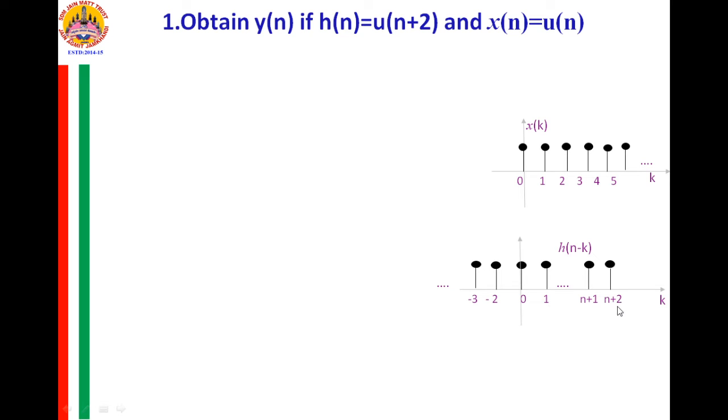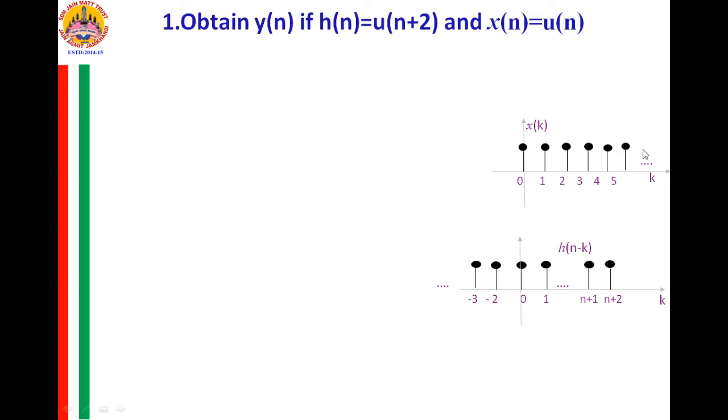See here, when I substitute n is equal to 3, at that time this will be existing from 0 to 5. If n is equal to 4, then it is existing from 0 to 6 likewise. So, for any value further ahead, if you go on shifting it to the right side, you will always observe that the product will exist from 0 to n plus 2, whether n is 5, 6, 7, 8, 9, 10 or anything up to infinity.